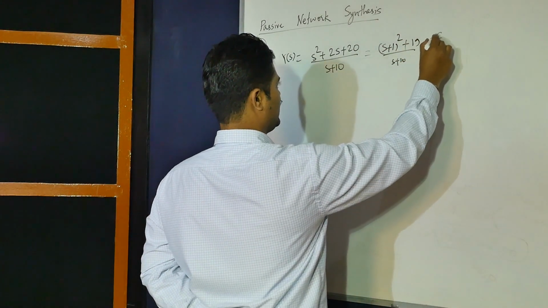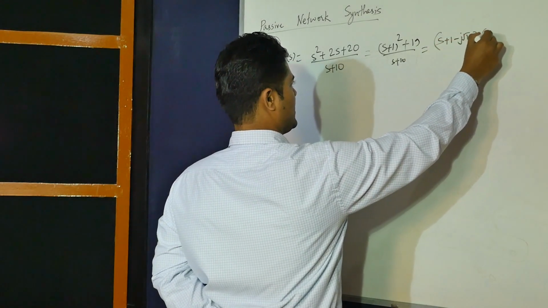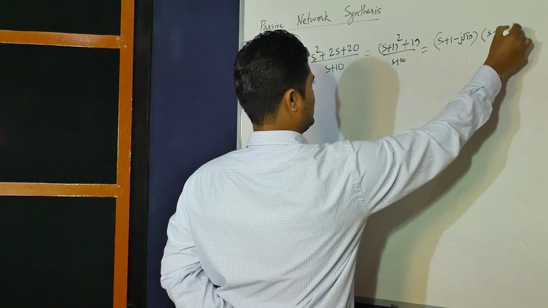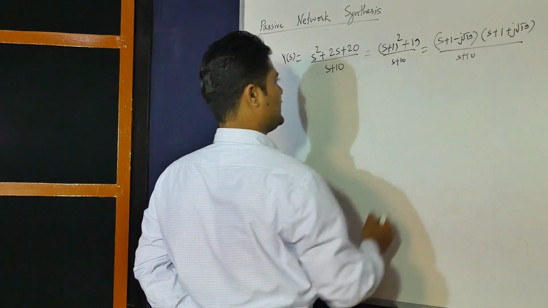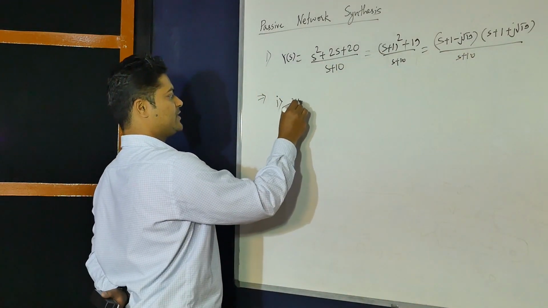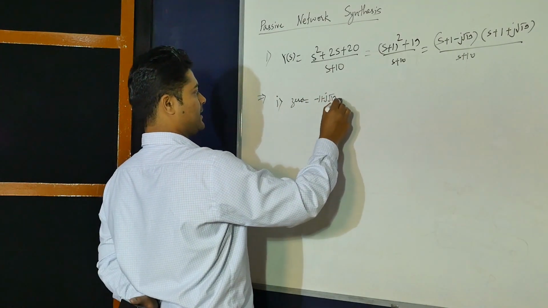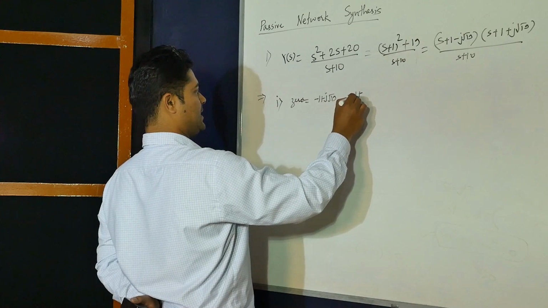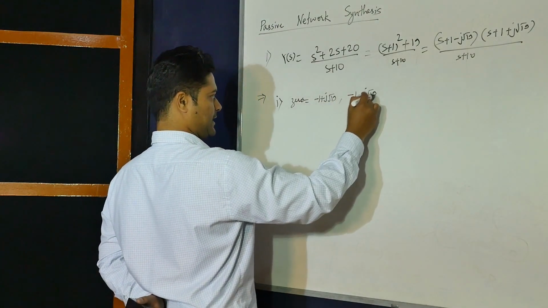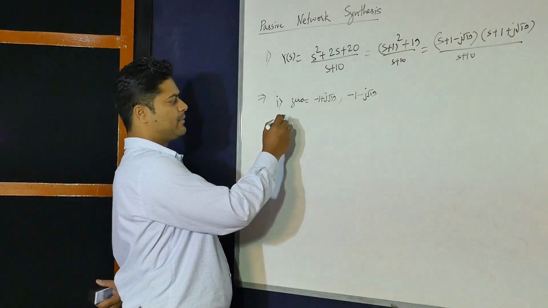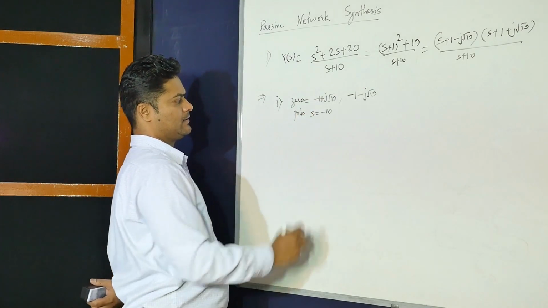So we have s plus 1 plus j root 19 and s plus 1 minus j root 19, divided by s plus 10, correct? So we have the zeros lying at minus 1 plus j root 19 and at minus 1 minus j root 19, whereas my pole lies at s equal to minus 10.